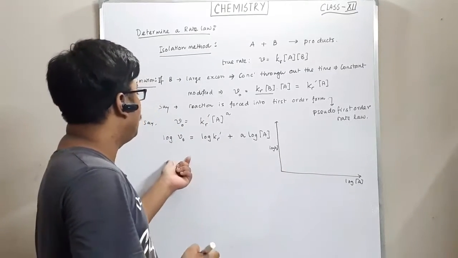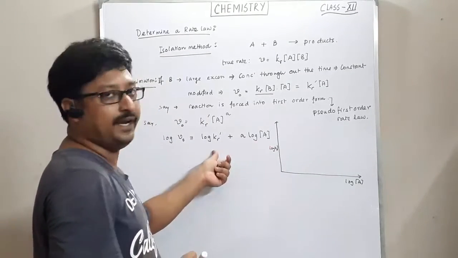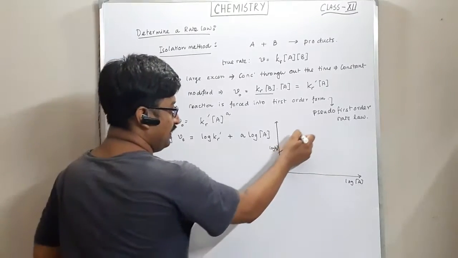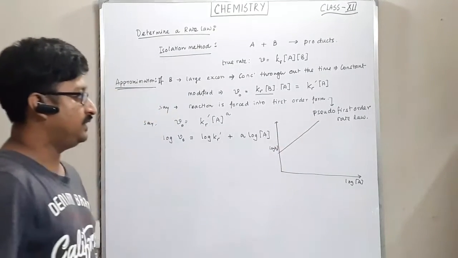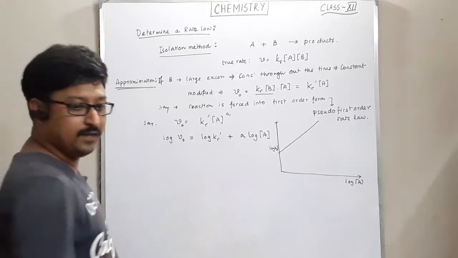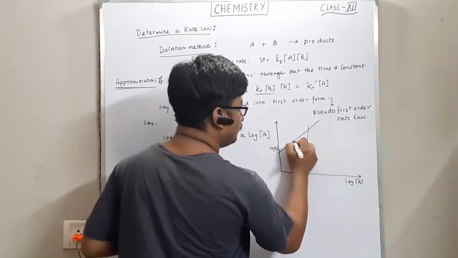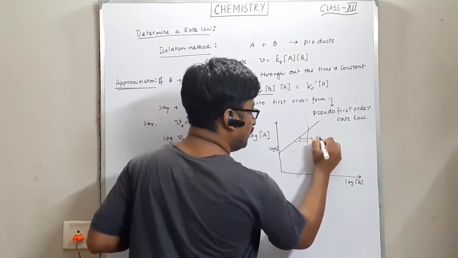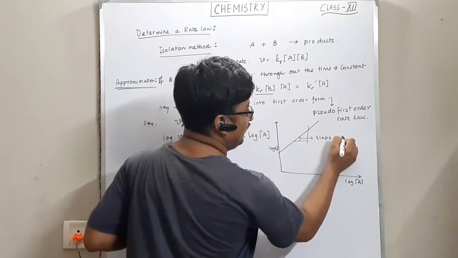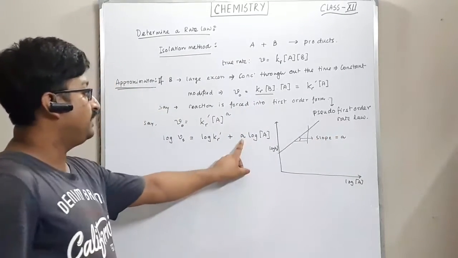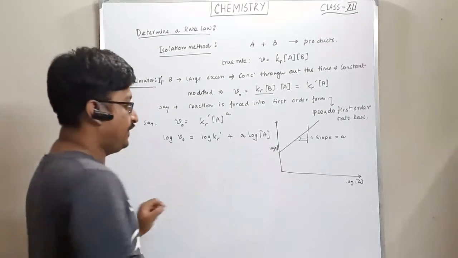This is a y equals mx plus c kind of graph. So we will get an intercept from here, right? And this slope is basically a, which is nothing but the order of the reaction.